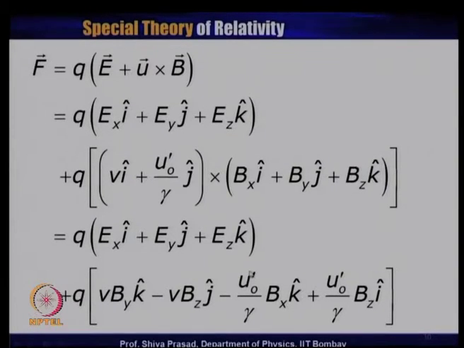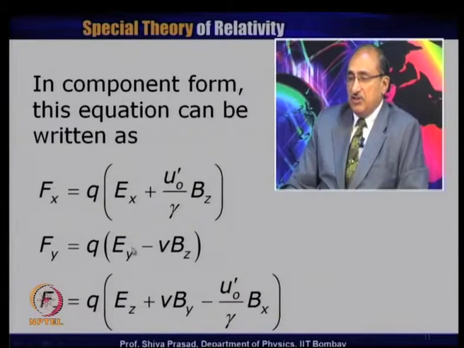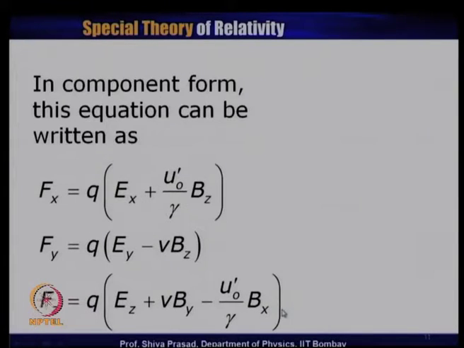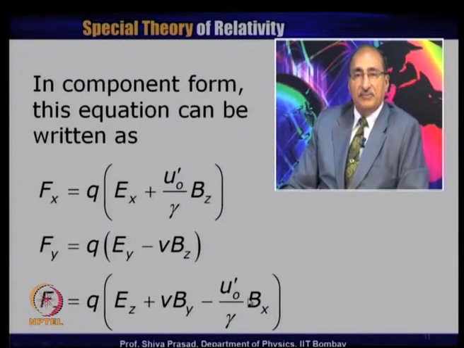So, you will have Ey minus V Bz, that is what I have written here. Let us look at the z component. Z component, there are three terms which contain k. So, this will be Ez plus V By minus u naught prime by gamma Bx. This is what I have written here.